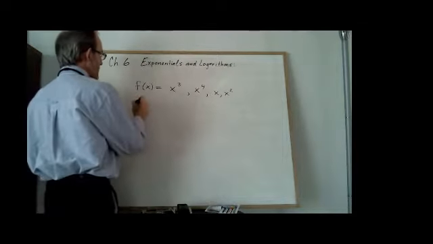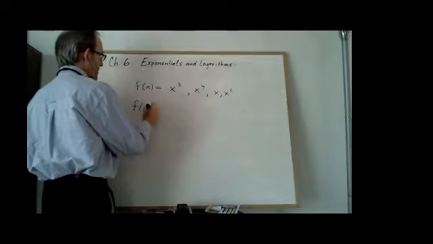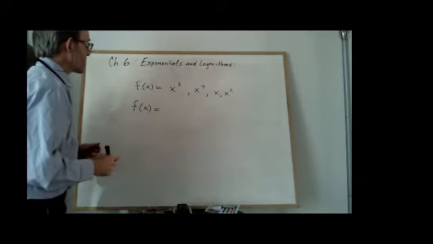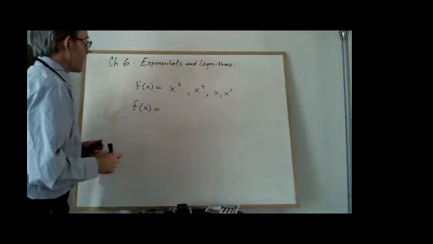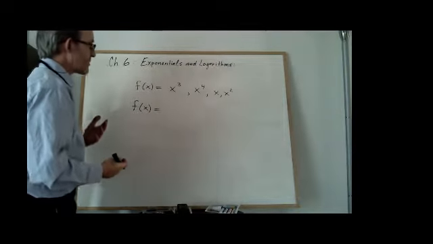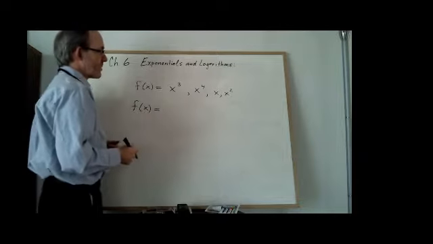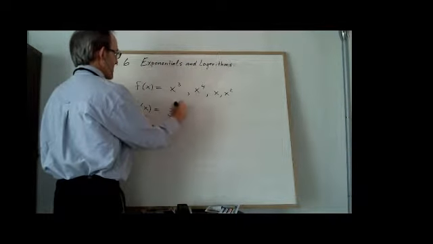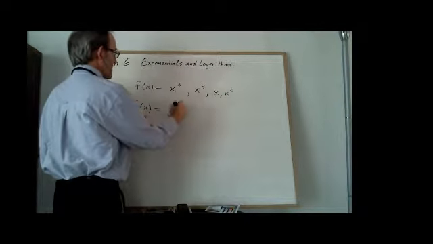Okay, so in our case that we're considering now, we're looking at functions in which you interchange the role of the constant and the variable, and so let's say you fix this part here.